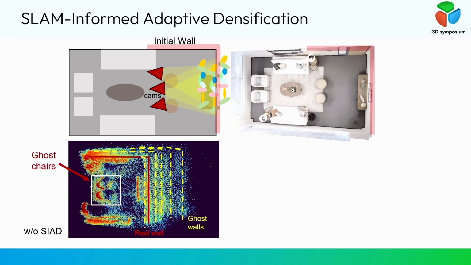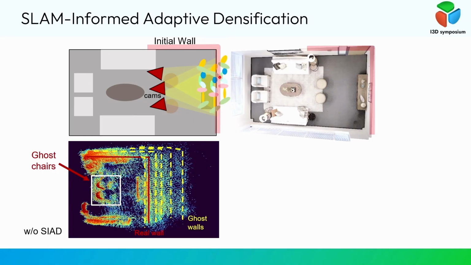So even though the initial wall is right, there will be a lot of floating Gaussians and also noise around this wall. These will look like ghost walls in your scenes, especially when the camera starts with a plain wall.